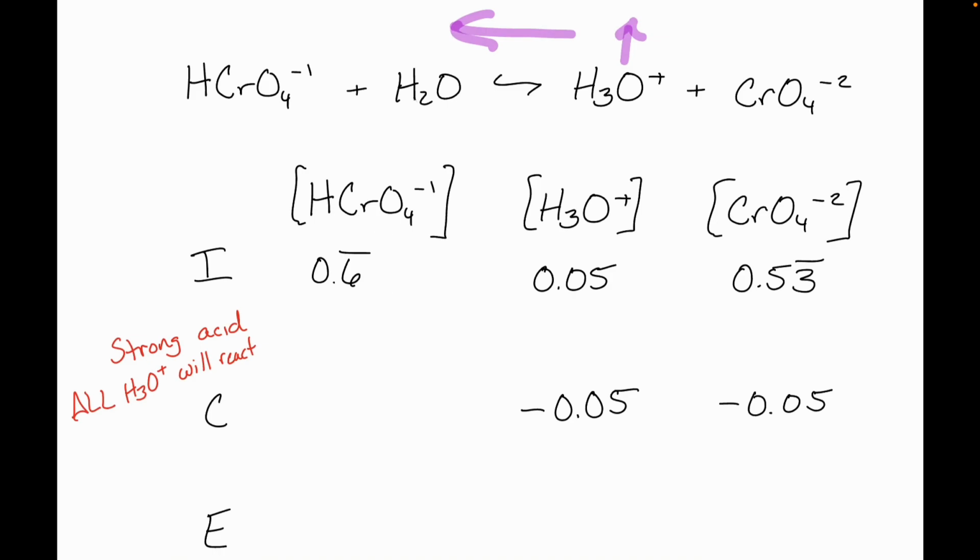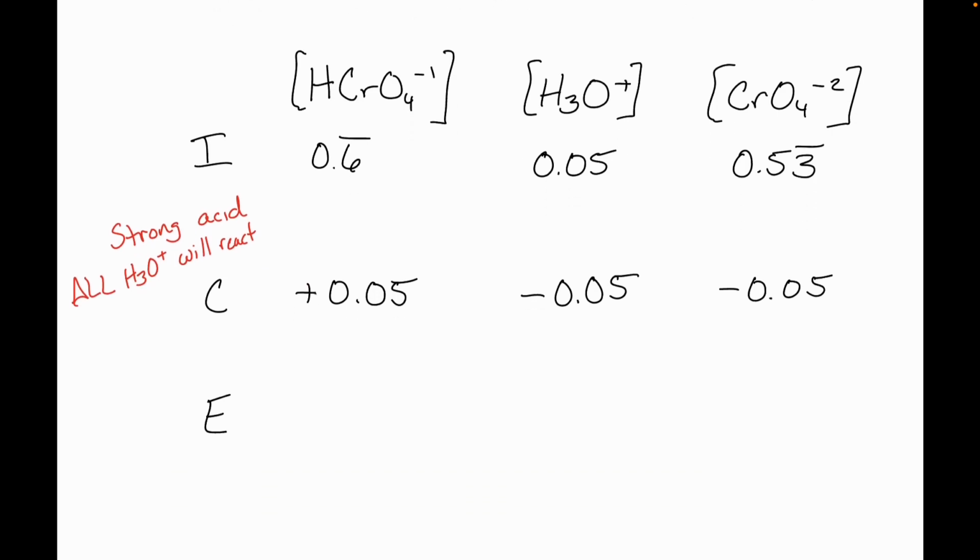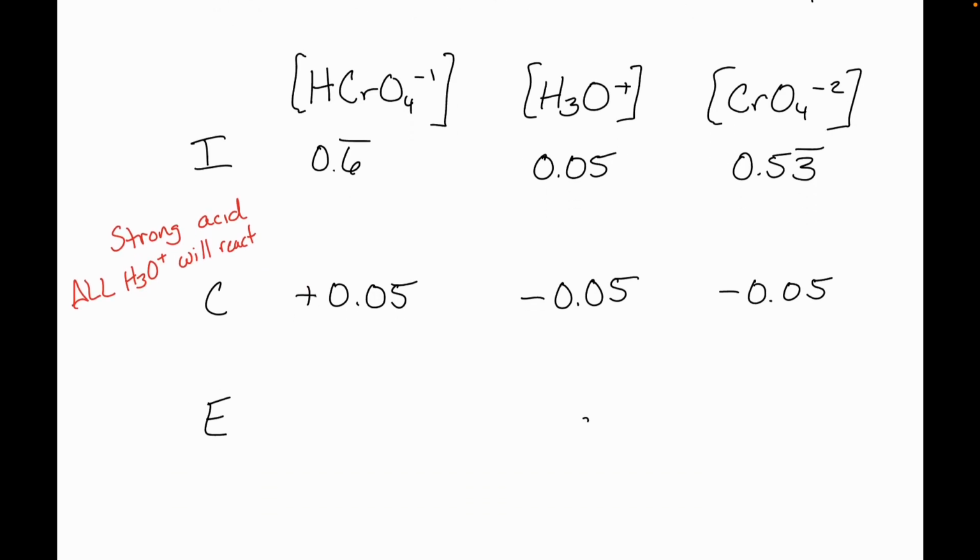It's going to increase because that's what I'm creating when I react my conjugate base with the acid, right? So this number is going to go up. All right, so again, all of that acid has reacted, so that's going to be 0. And now I can figure out my new concentrations of my acid and conjugate base.